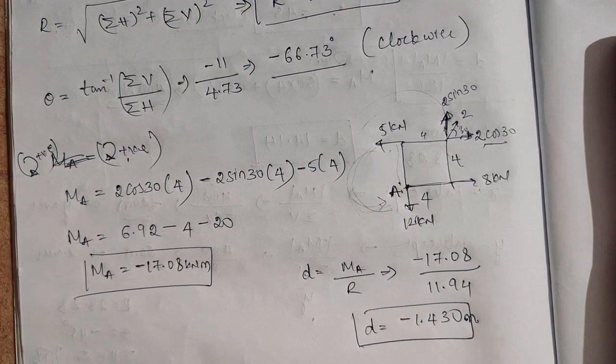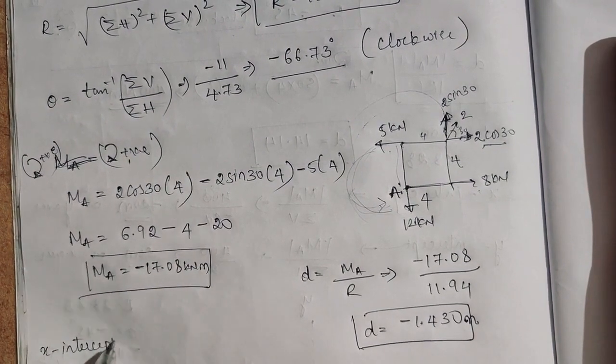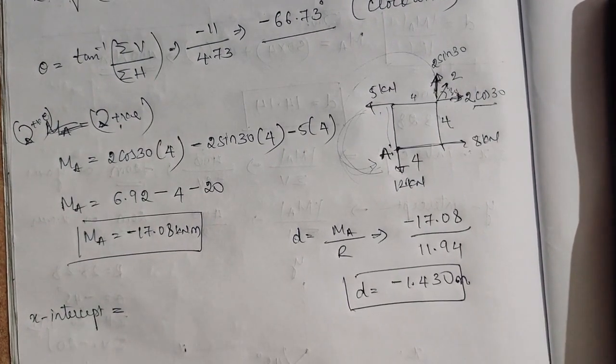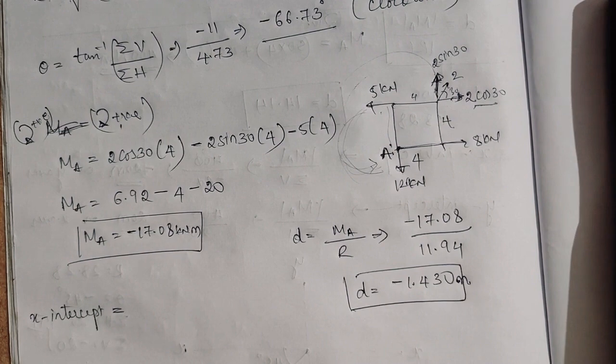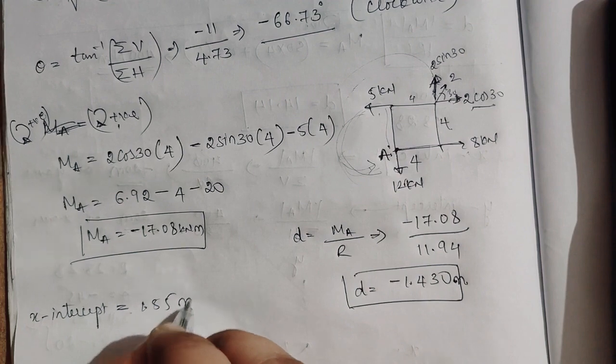Now I want the x intercept, I'll write it directly. Minus 17.08 divided by summation of V, minus 11, it is 1.55 meter.